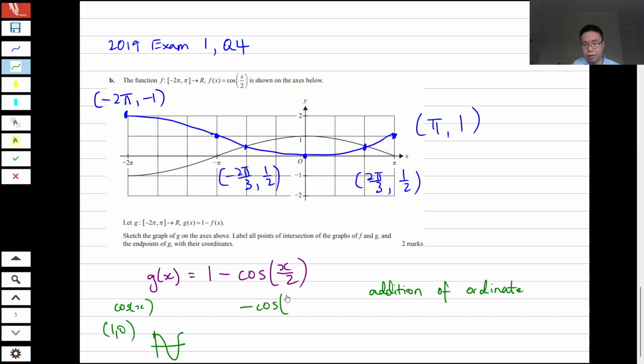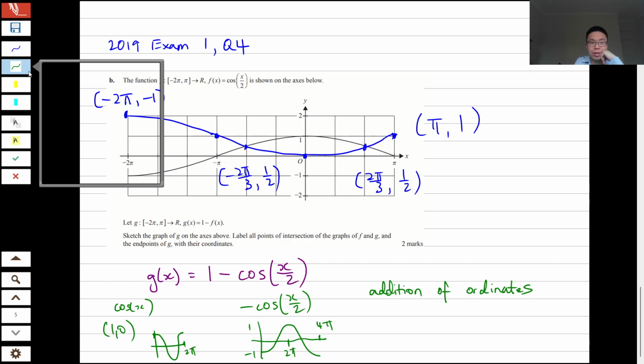Then I apply the reflection and the dilation, which causes this to happen. First, the graph is going to flip upside down, and the graph is also going to take longer to complete a full cycle. And then you apply the translation last.